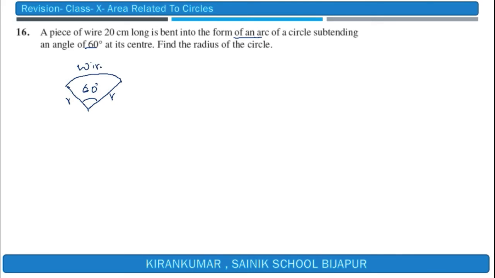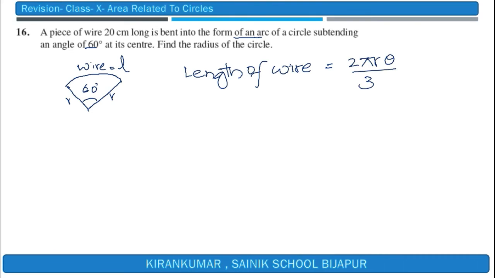The length of the wire is, say, L. Here the length of the wire is given by 2 pi r times theta by 360. It is 20 centimeter they have given.